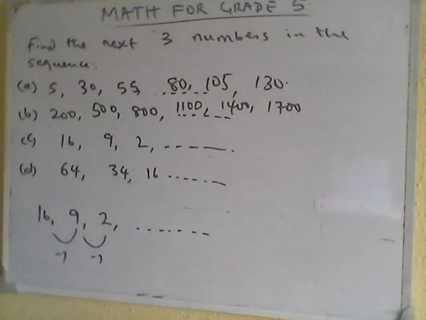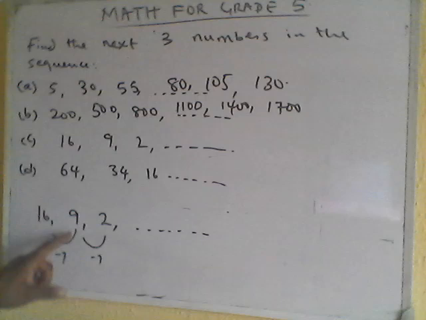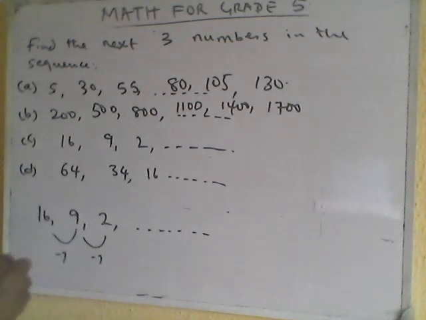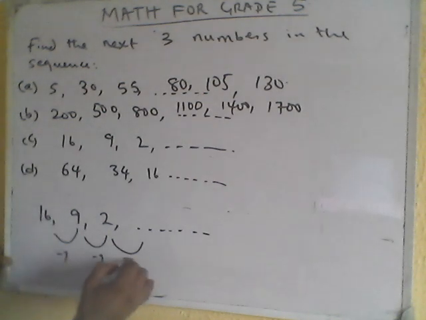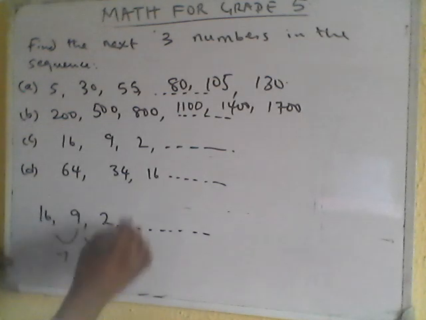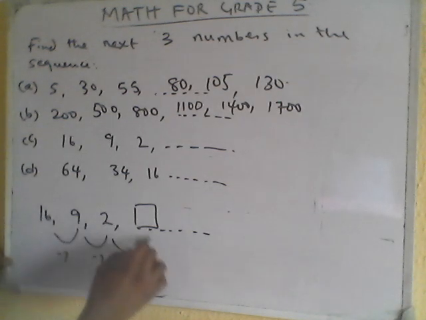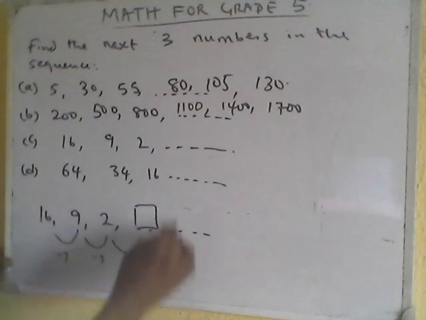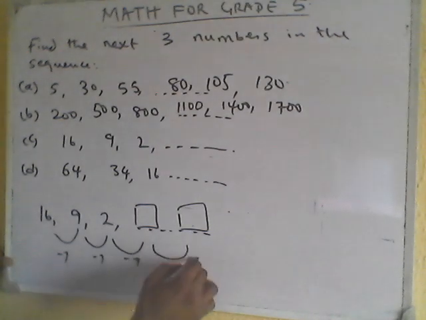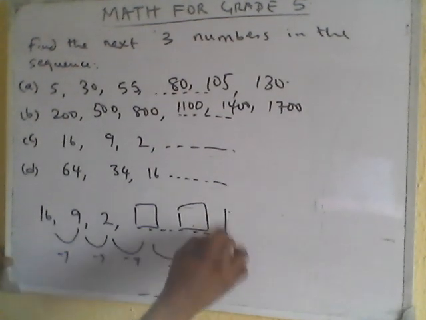So what that means is that I'm going to be subtracting 7 each time. Like 16 minus 7 will give me 9. 9 minus 7 will give me 2. So for the next one, minus 7. 2 minus 7 will give me this one, and whatever I have here, minus 7 will give me the next one.